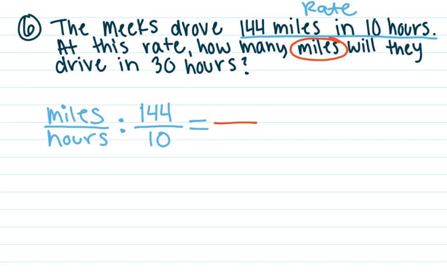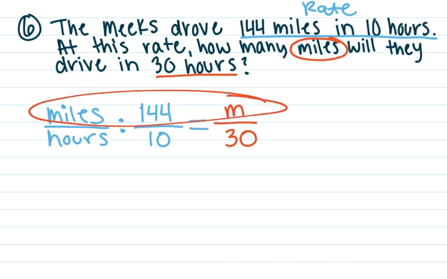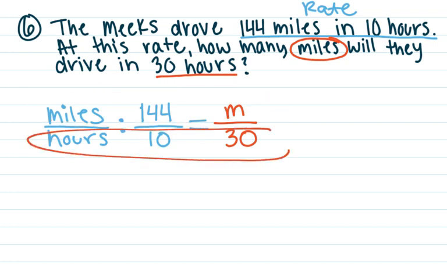I don't know what that is. So I am going to use the letter M for my missing miles. And I want to know how far they will drive in 30 hours. So I'm trying to figure out what M is. And M is the distance I will drive in 30 hours. So this is going to be my proportion. Everything is lined up. All of my miles are on top here, and all of my hour numbers are on bottom here. That's very important.